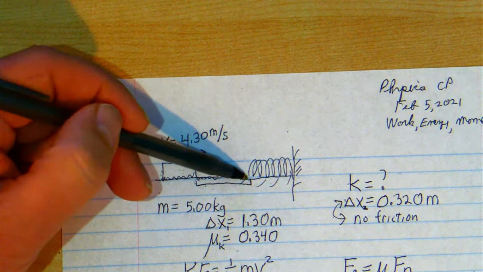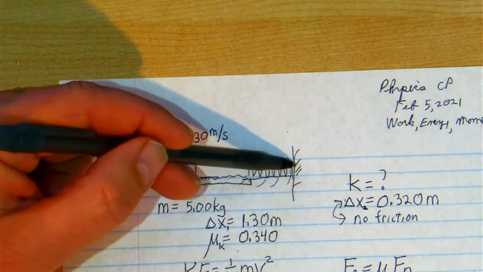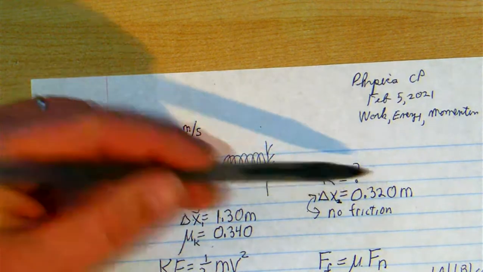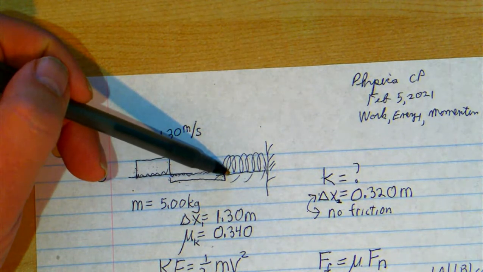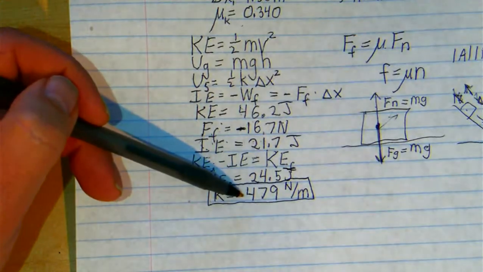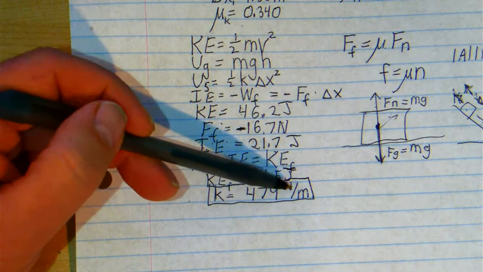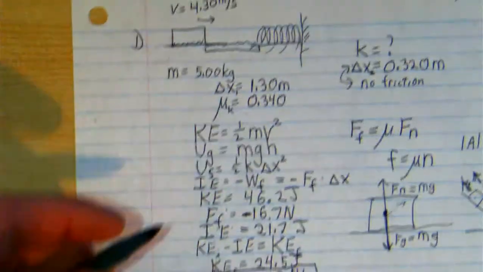After it came out of that rough patch, it then compressed a spring a distance of 0.320 meters. And we've just successfully calculated that the spring constant had a value of 479 newtons per meter. Ta-da! That ends problem 1.